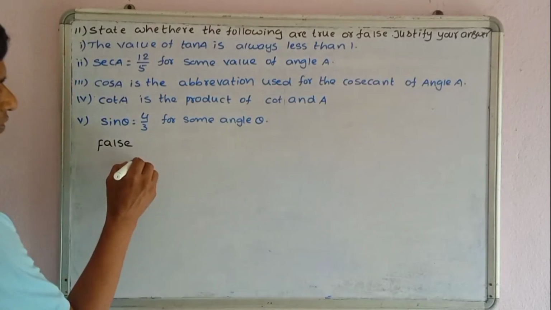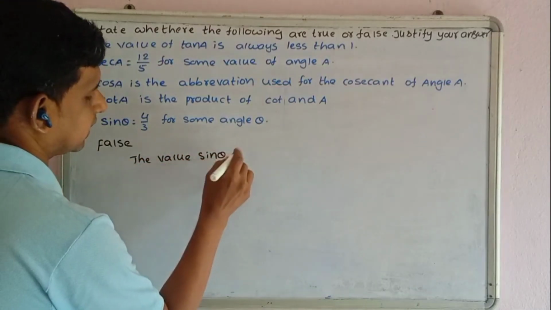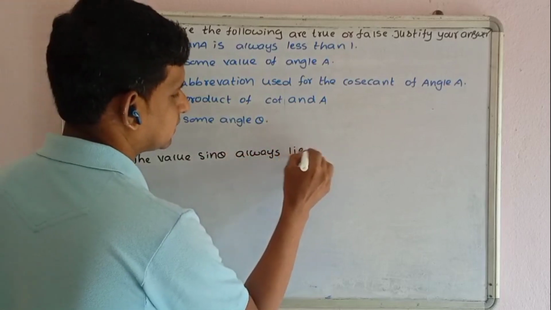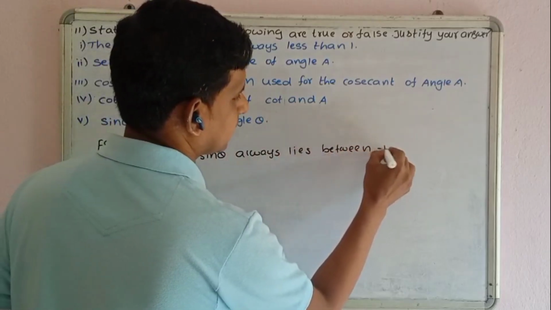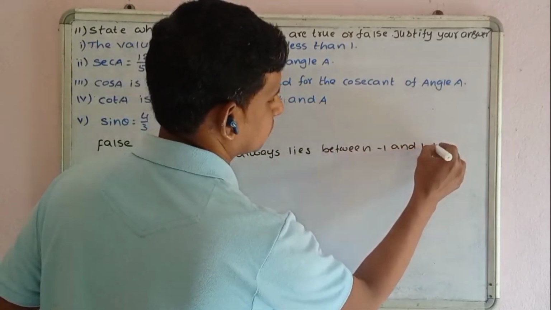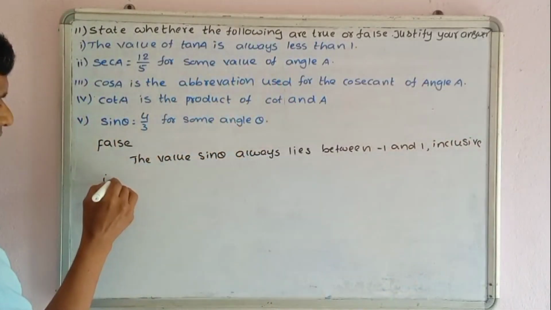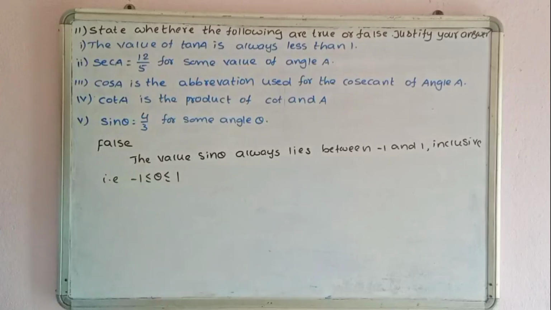So the value of sin theta always lies between -1 and 1 inclusive.